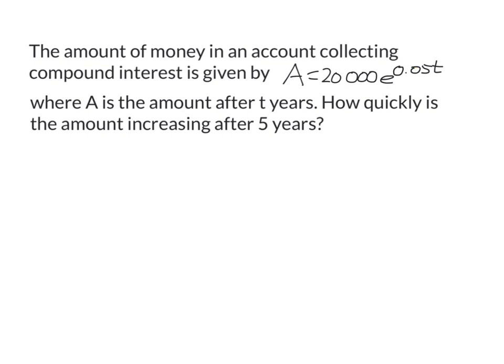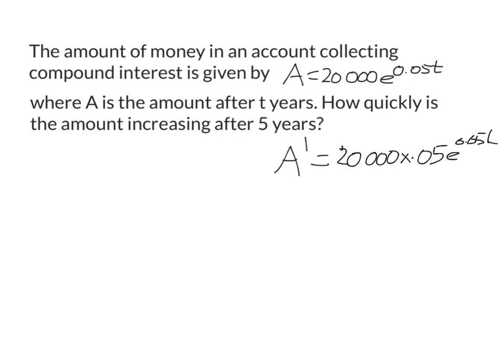To find the rate of change of the amount with respect to time, the derivative, because it's a function involving e to the power of something, we start by multiplying by the derivative of the power, which is 0.05, and then we leave the e and the power alone.